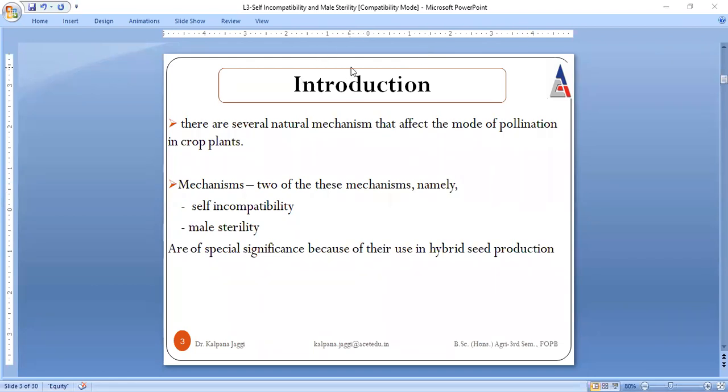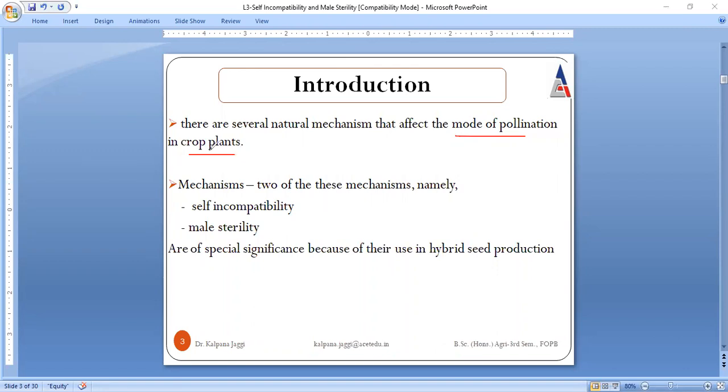Last time, when we were studying the mode of reproduction, we came to know that there are certain methodologies which do not allow pollination to take place in crop plants, such as the difference in maturation of the two reproductive units.